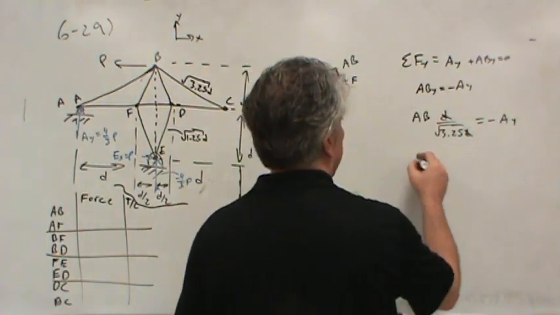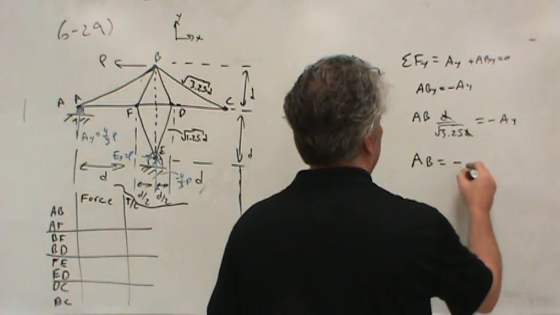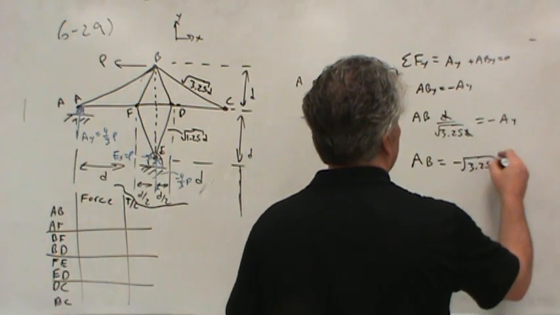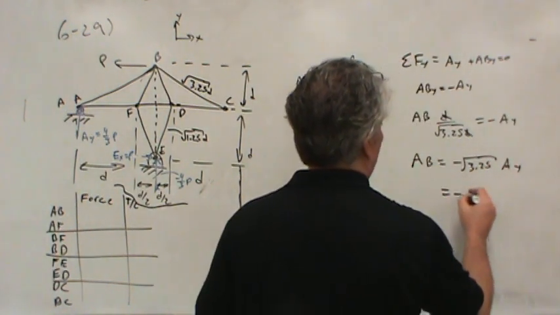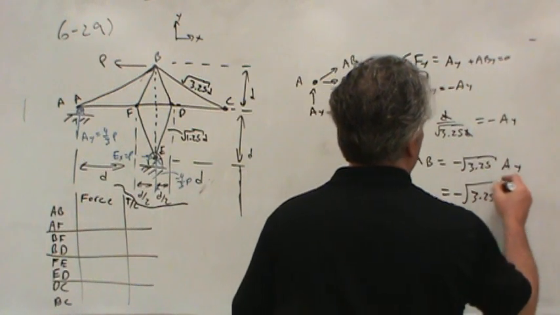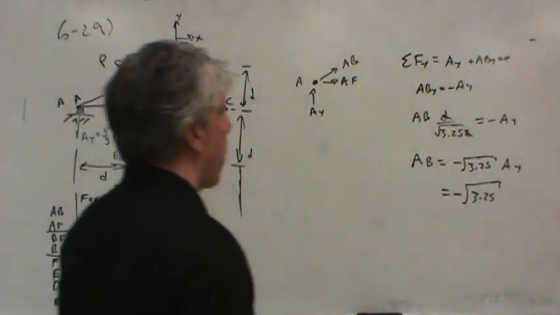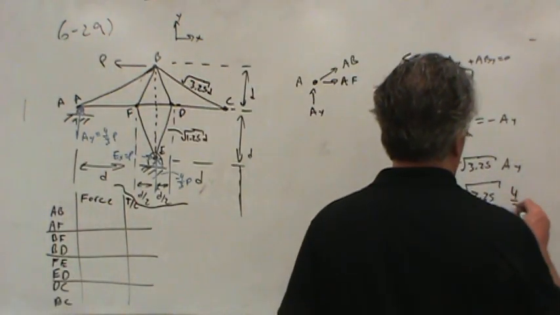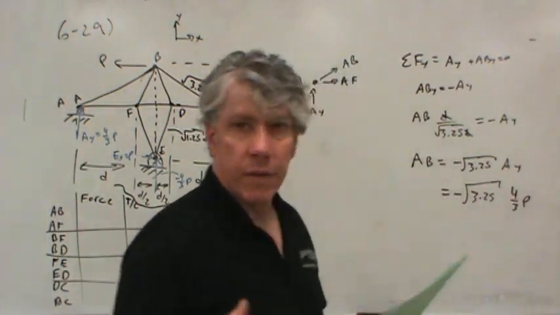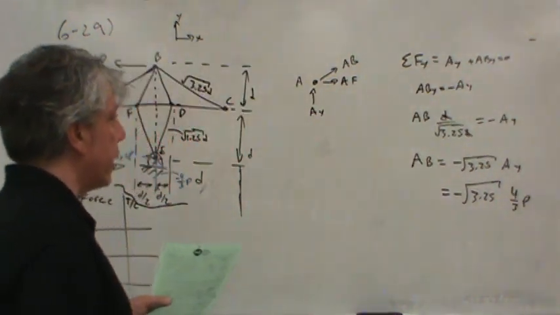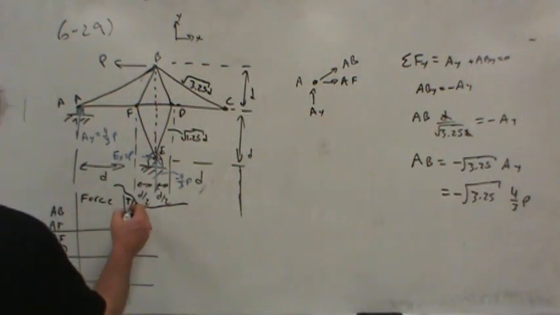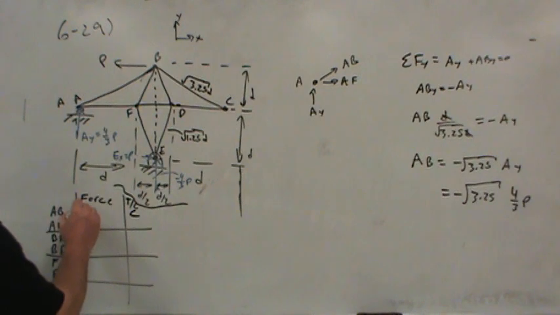Let me slow down. AB is negative root 3.25 AY, but AY is 4/3 P. Now the root of 3.25 doesn't come out nicely, so I'm just going to leave it that way. Anyway, that tells us that AB is compression, root 3.25 times 4/3 P.